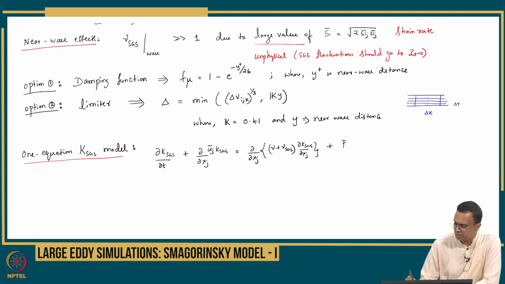This production rate is for SGS fluctuations, P_kSGS, and the dissipation rate.